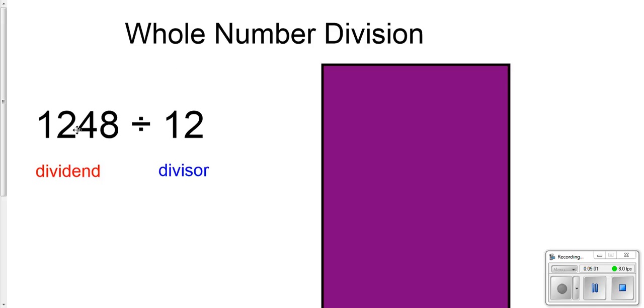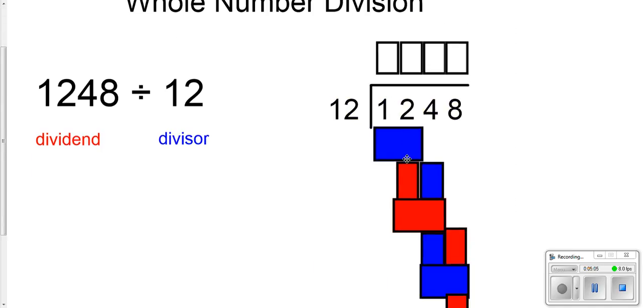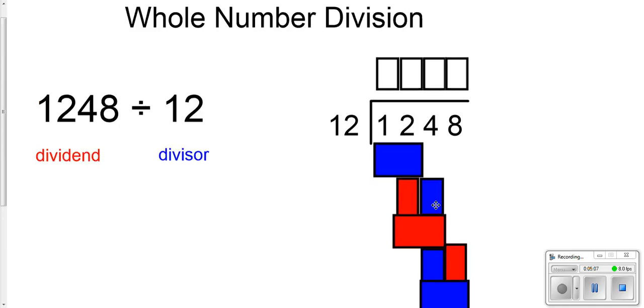Let's do the same thing with a little bit larger dividend and a larger divisor. Okay, we're setting this up the same exact way. Now, 12 as a 2-digit number can't go into a 1-digit number, 1. So above that, we need to put in a 0. 12 does not go into 1 at all, so we don't go through the process of 0 times 12 is 0 and so on. We can just move on to the next number.